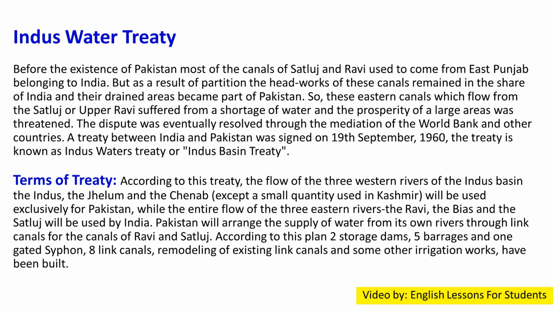Pakistan will arrange the supply of water from its own rivers through link canals for the canals of Ravi and Satluj. According to this plan, two storage dams, five barrages, one gate siphon, eight link canals, remodeling of existing link canals, and some other irrigation works have been built.